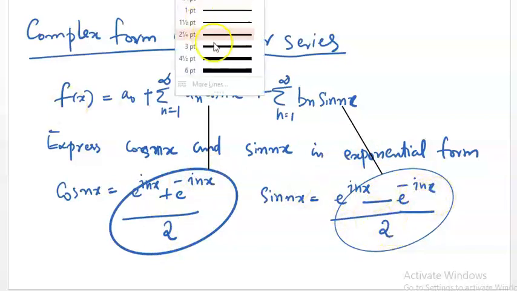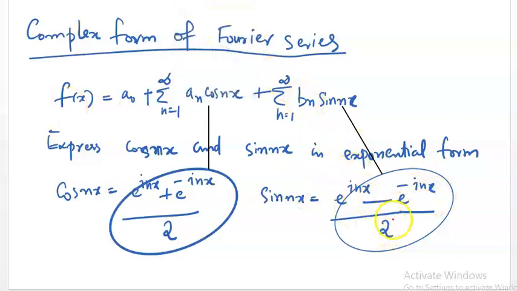So here we have 2i. So this is cos nx and this is sin nx, and we substitute this complex form for cos nx and sin nx.